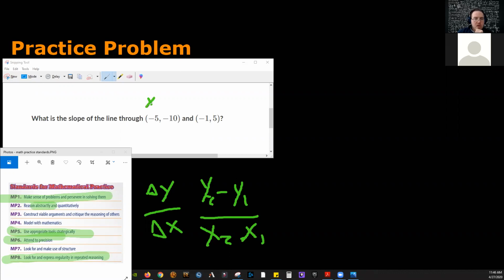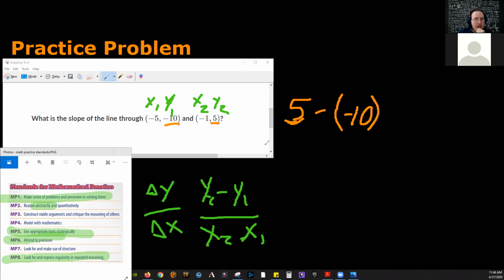So this is x1, this is y1, and this is x2, and this is y2. So when we plug them into the formula, y2 is 5 minus y1, which happens to be negative 10, so we're going to nest that. So it's 5 minus a negative 10.